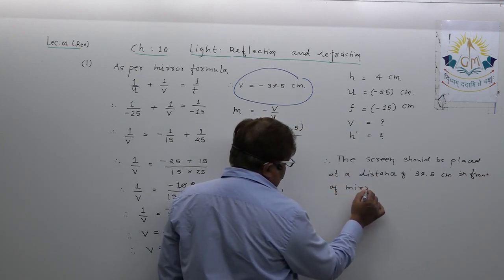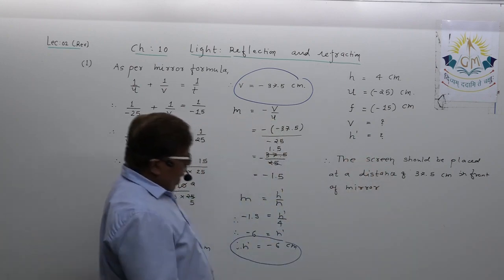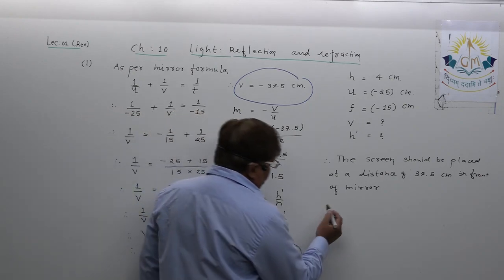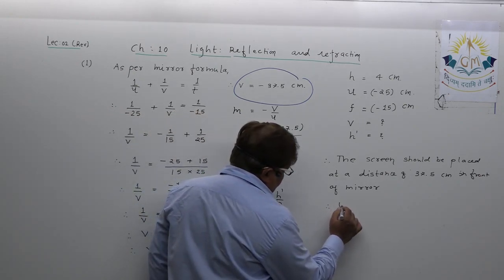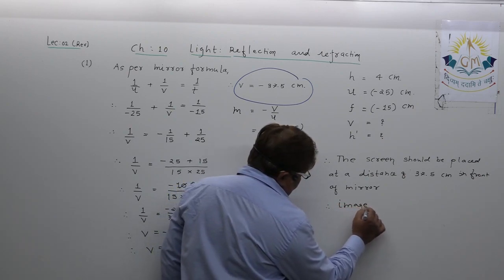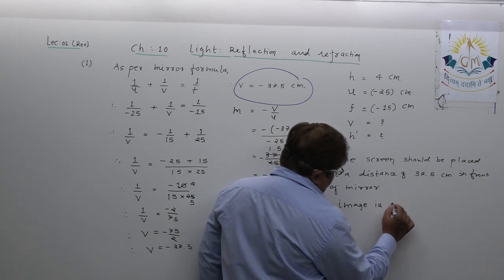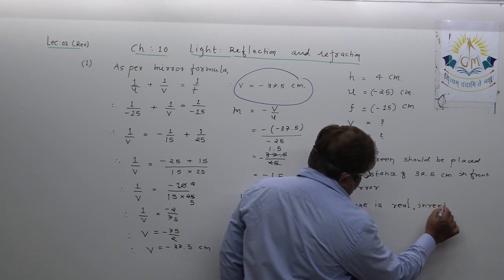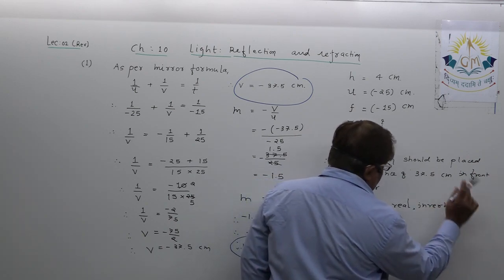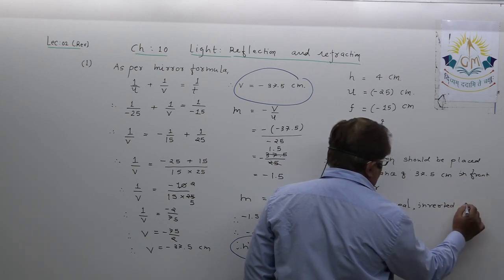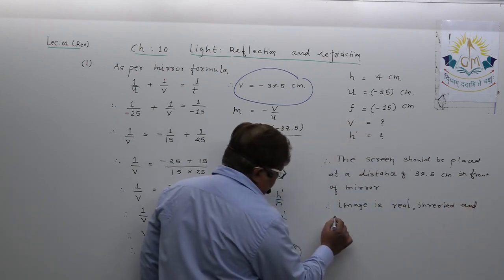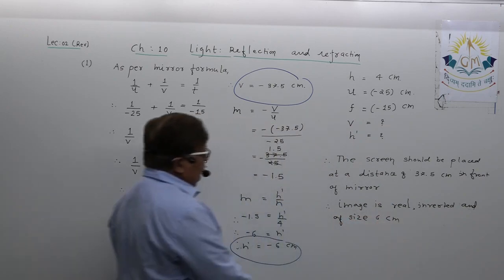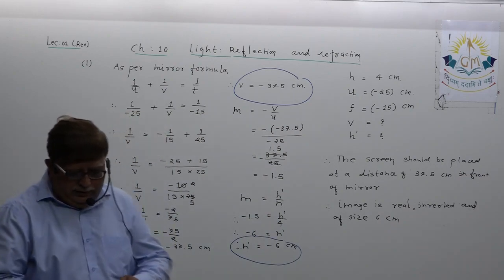This is your first answer. Then you are also asked the nature and size of the image. So you will write: image is real, inverted, and of size, obviously, 6 centimeter. So just have a look at the sum.